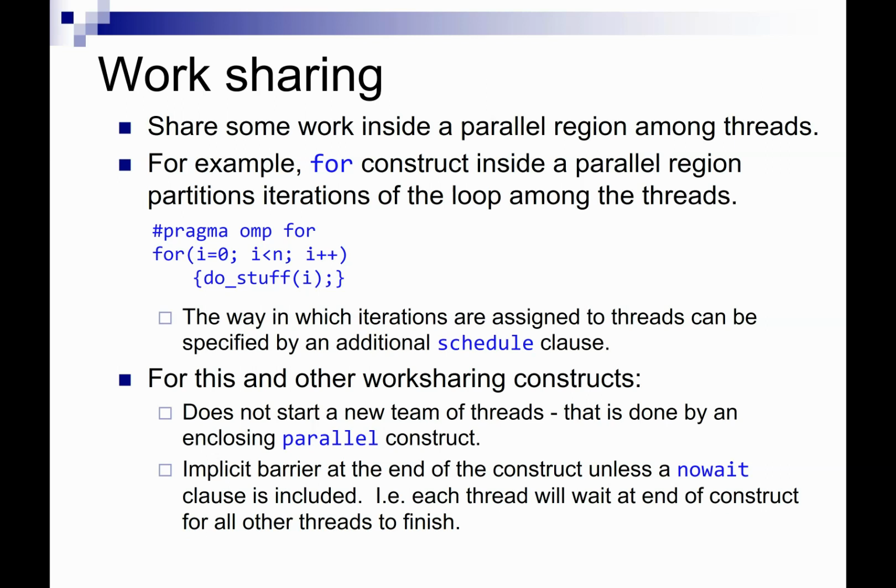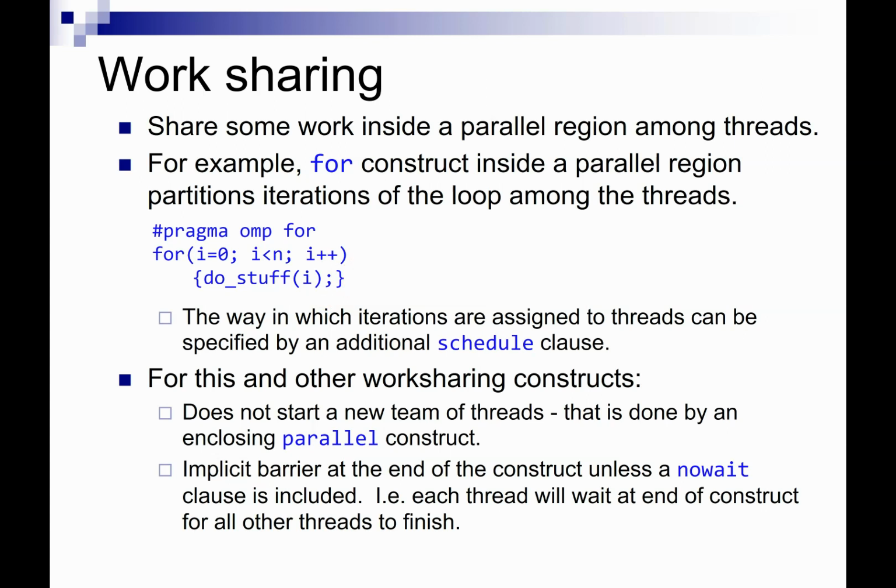But after they finish, they're just going to wait at the end of this for loop, because there's an implicit barrier over here. The thread is going to wait until all of the other threads doing the other iterations have also finished their iterations. Then after all 100 iterations have been finished, the threads can go on to whatever's after this for loop. So this barrier is there automatically. You don't even have to specify the barrier.